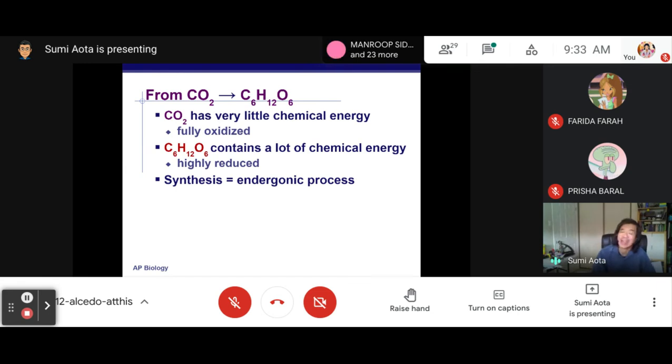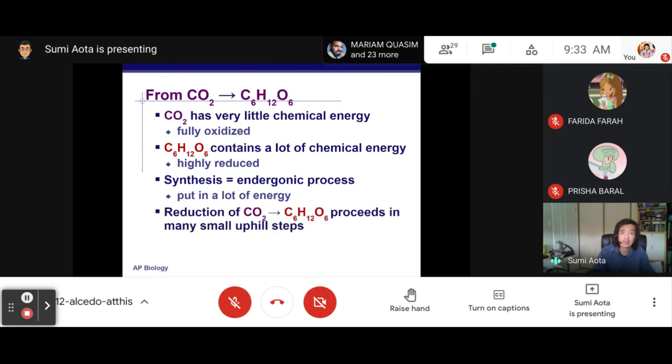It requires energy, so we have to get a lot of energy to do this. So the reduction of carbon dioxide to glucose proceeds in a lot of little uphill steps. It's effectively the reverse of cellular respiration, where we're going the other way, proceeding in many small downhill steps.